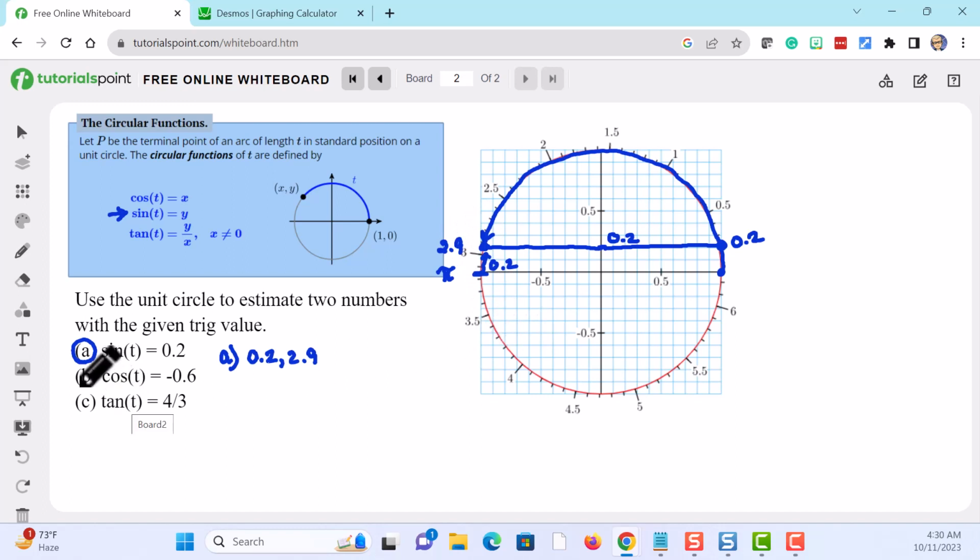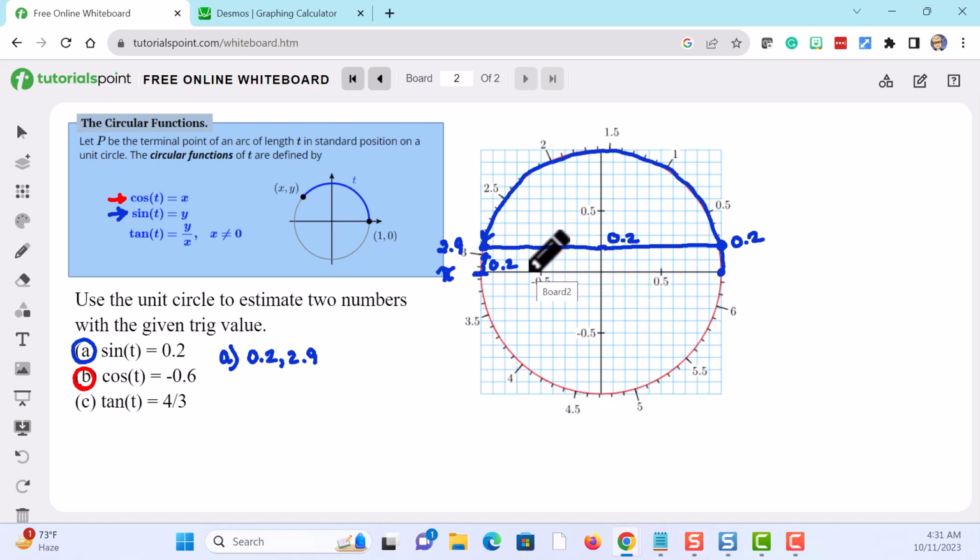Next up, we have part B, where the cosine of t is equal to negative 0.6. So looking at our definition, we see that cosine of t is equal to x. So what we need to do is to locate the points on the unit circle that have an x-coordinate of negative 0.6.